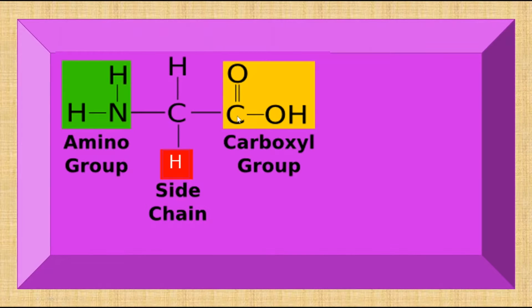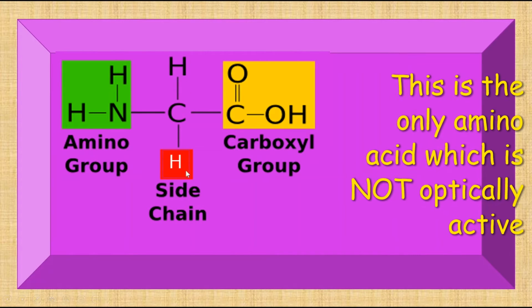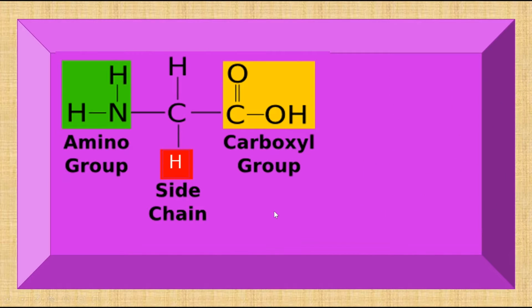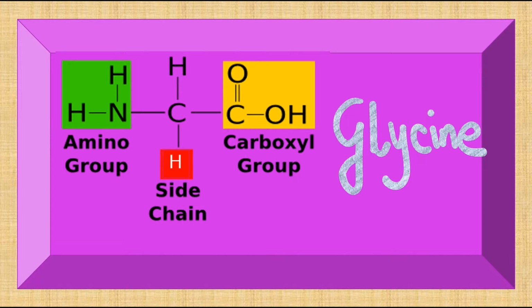Now if you see here, if the R group is replaced with a hydrogen atom, that means the two groups have become the same, right? And hence it loses the optical activity. It is not chiral. And the only amino acid which is not optically active is glycine, when the R group is hydrogen.